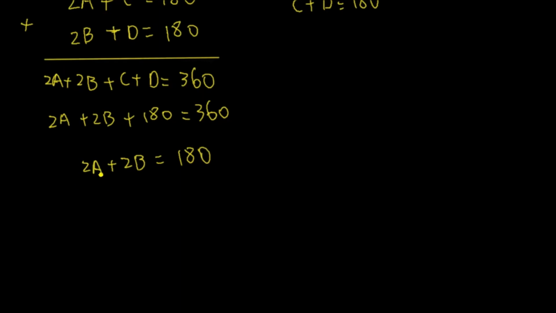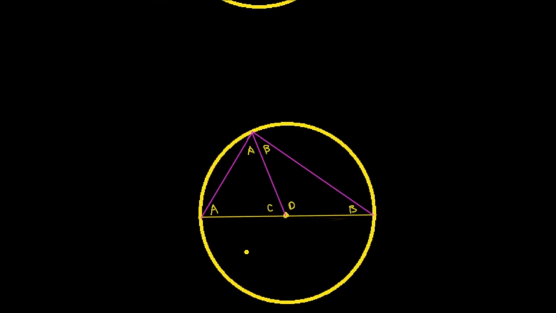Now the 2 here is common, so we're going to factor the 2 out. So we have 2 times (A plus B) is equal to 180. Now divide both sides by 2, we have A plus B equal to 90 degrees. Okay, but what is A plus B? A plus B is this angle here.